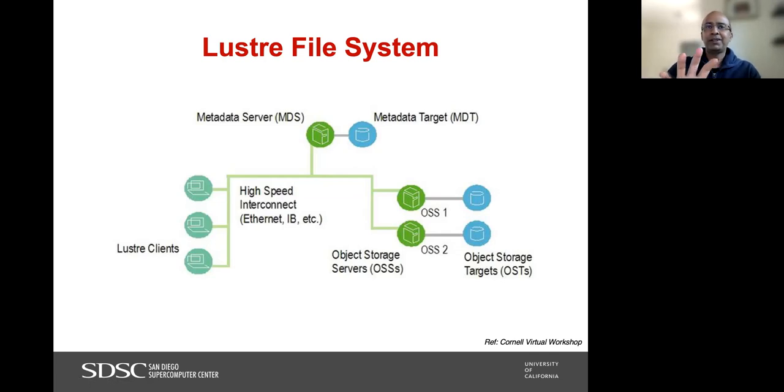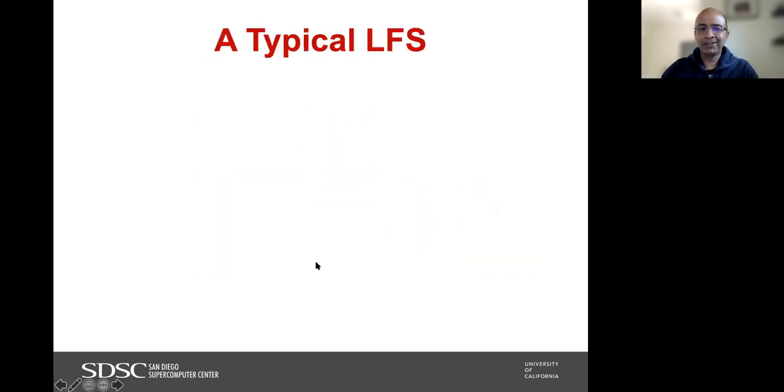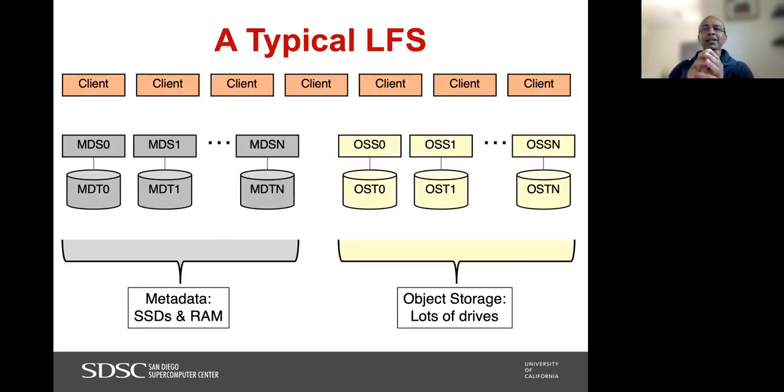The metadata server is generally used for metadata operations, like when you open a file, close a file, or see the listing of files under a directory. There's a call to the metadata server. But if you're performing I/O operations like reading or writing continuously, then the Lustre client talks to the OSS directly instead of the MDS. I'll probably cover that a bit. So typically a Lustre file system would look like this. You have a bunch of clients.